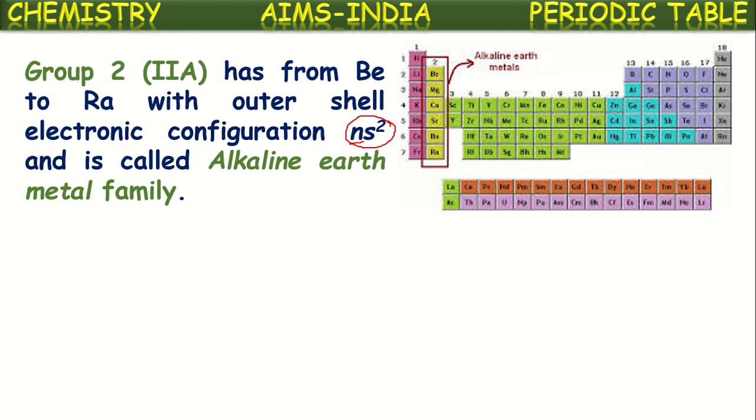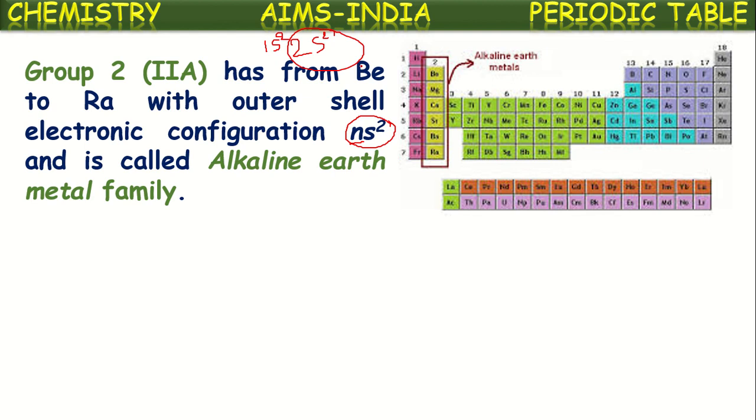For example, beryllium has atomic number 4 and its configuration will be 1s2, 2s2. So this is its outermost configuration, ns2 form. In the same way, all the remaining elements will also have their outermost configuration as ns2.